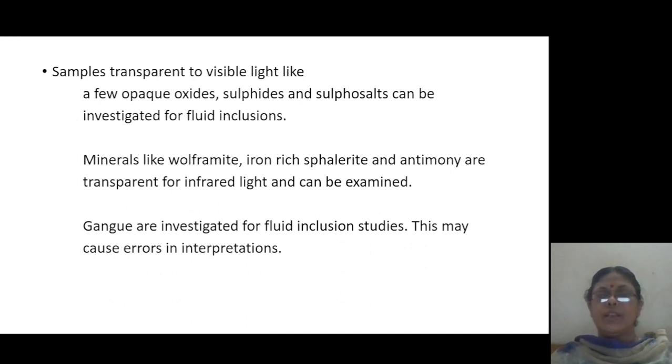We know that sphalerite has a solid solution between iron and zinc. Sphalerite is zinc ore. And antimony. So iron rich sphalerite and antimony are transparent to infrared light and can be examined. Gangue minerals are investigated for fluid inclusion studies. This may cause errors in interpretations.